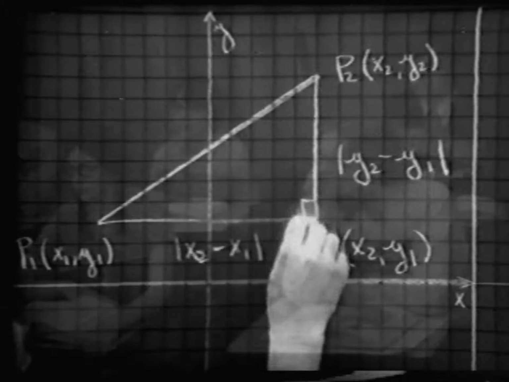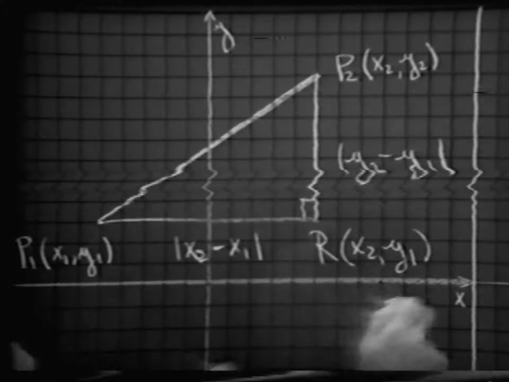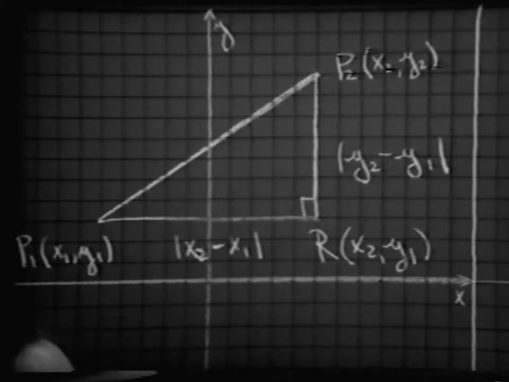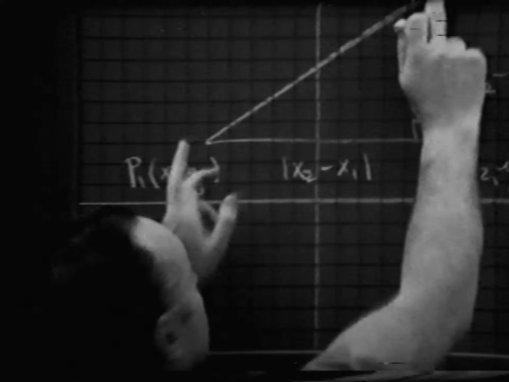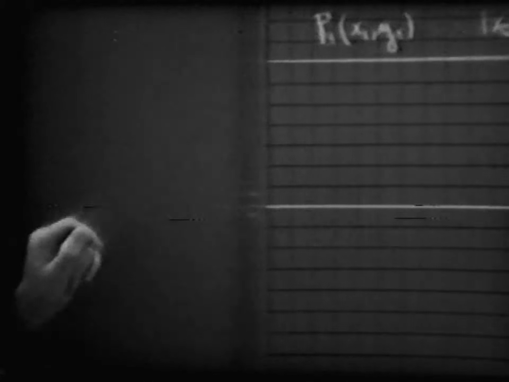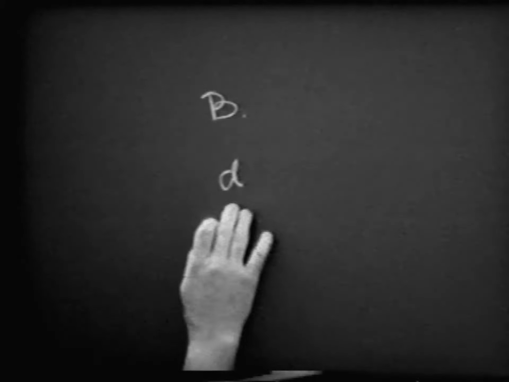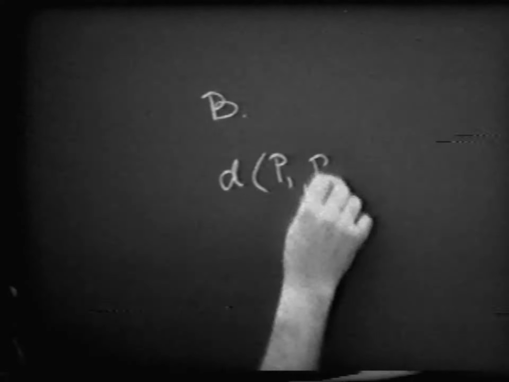Now, just looking at our triangle as we have here, this is certainly a right triangle, and now we know the length of this line segment, and we know the length of this line segment. Therefore, I think you will agree that we may find the length of this line segment, P sub 1 P sub 2. Now, there's a notational device that we use, and let's use this device: the distance from P sub 1 to P sub 2.